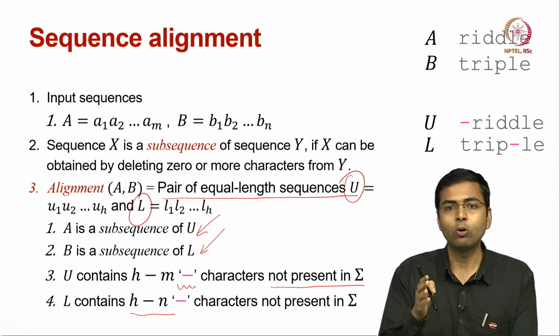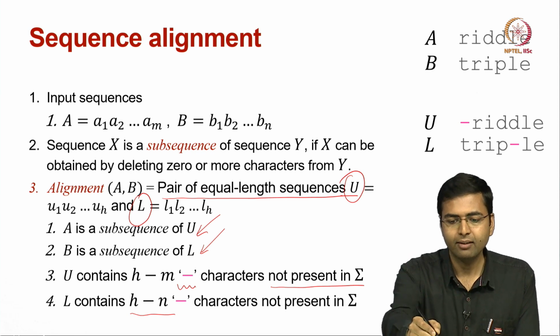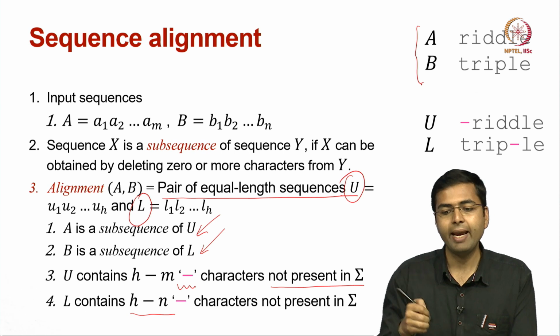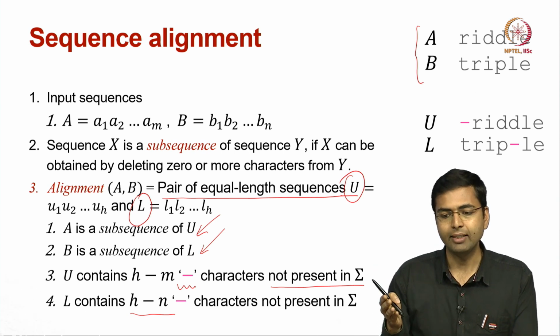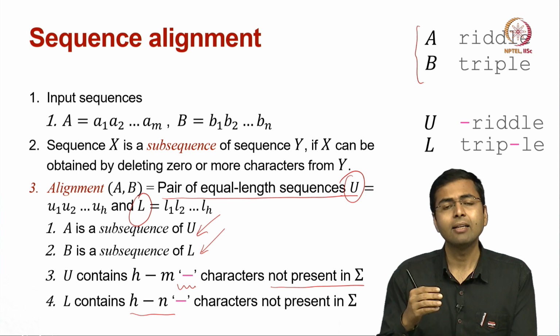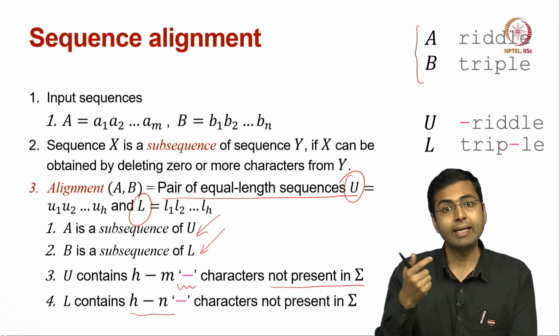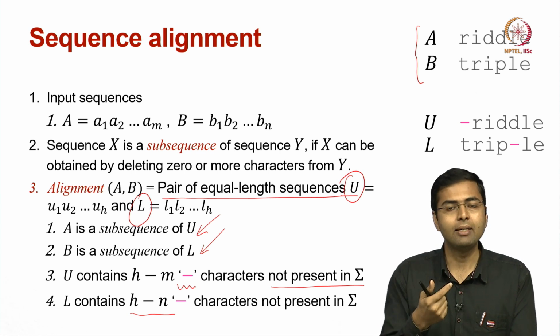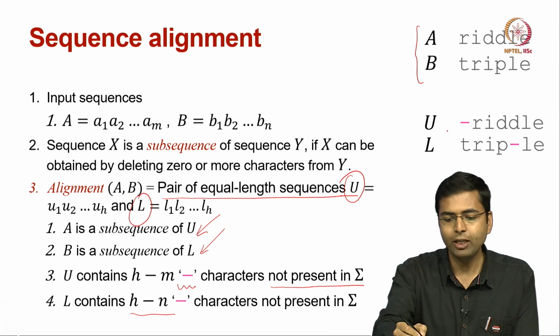An example is shown on the right, where you can see A and B sequences. A is, let us say, triddle, and B is a triple sequence. One example of how U and L can be built is I can define U as a sequence of length 7.